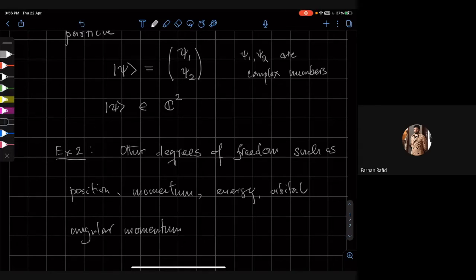In fact, the spin, the degree of freedom that we call spin, has no classical analog, whereas all these things have some classical analog.